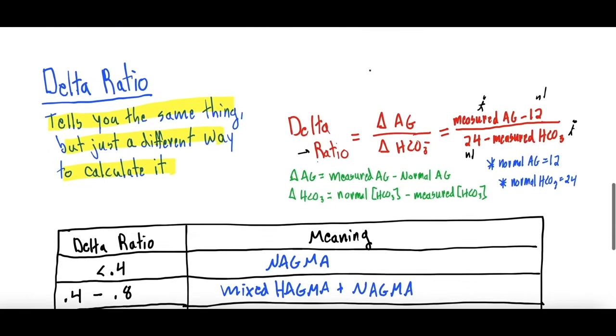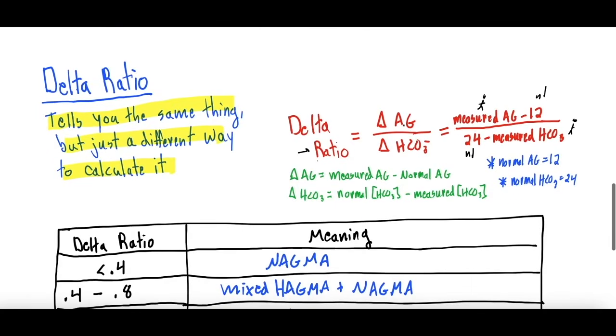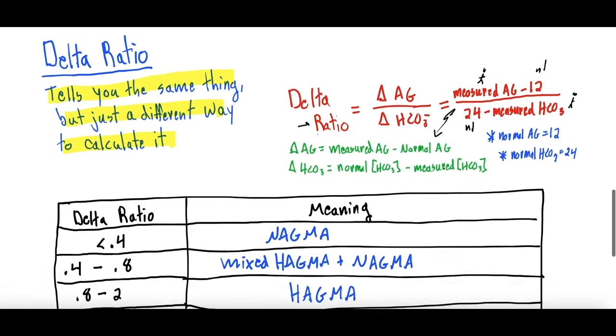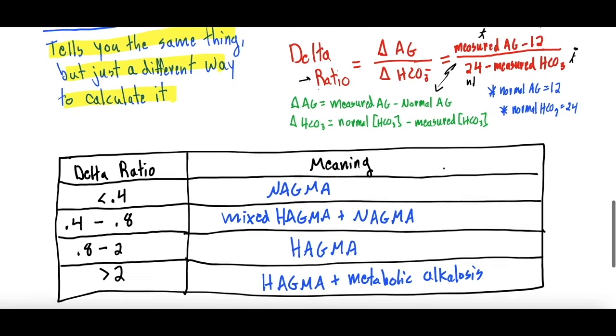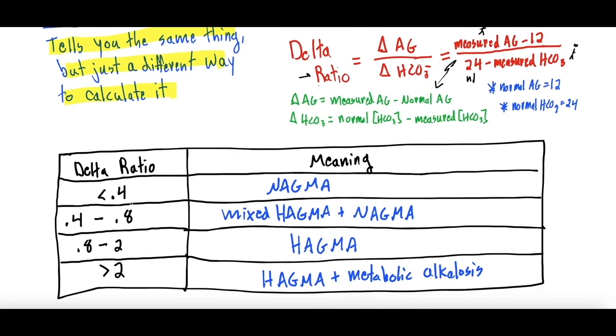All right? So normal anion gap 12, normal bicarb 24, like we talked about. Change in anion gap, change in bicarb is this, which we talked about, right? We just wrote it out in two different ways. So then we have delta ratio meanings depending on what the ratio is.